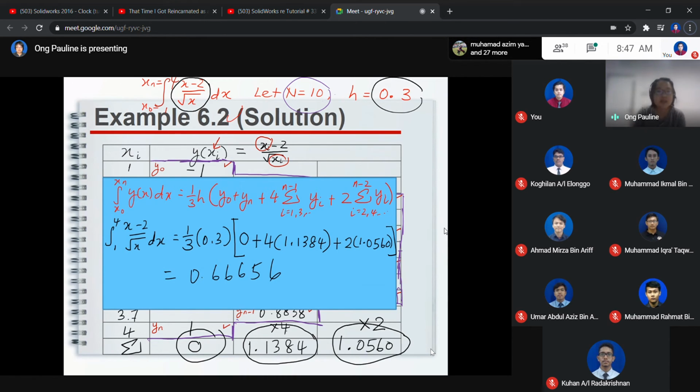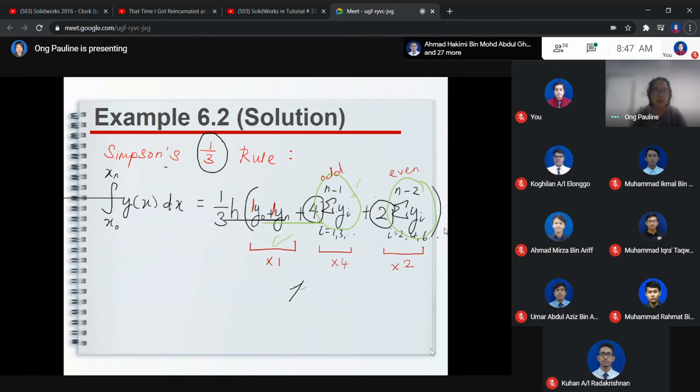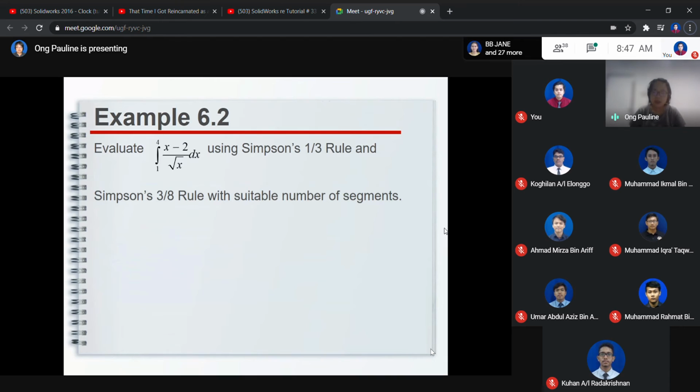Okay, so we have settled for Simpsons 1/3. So now let us repeat the same integration by using Simpsons 3/8. Okay, so let us look at the Simpsons 3/8.